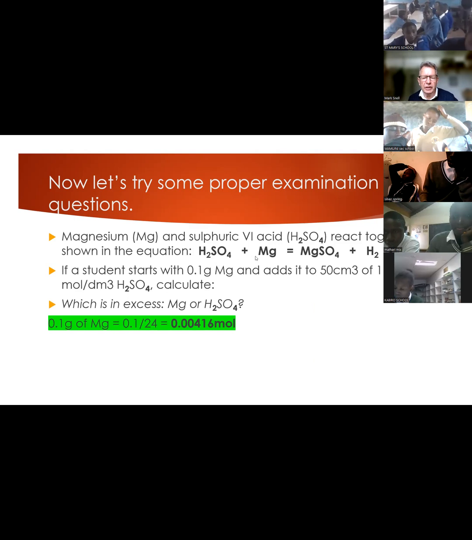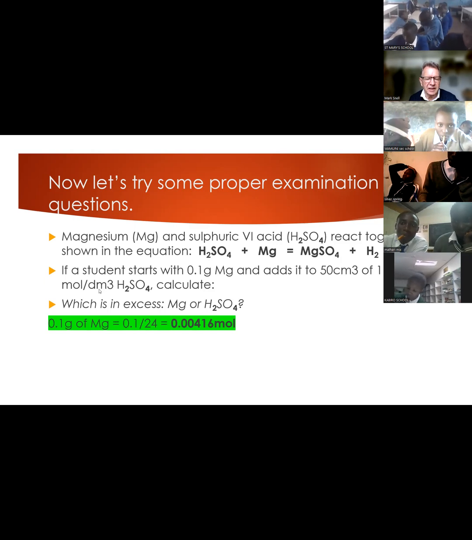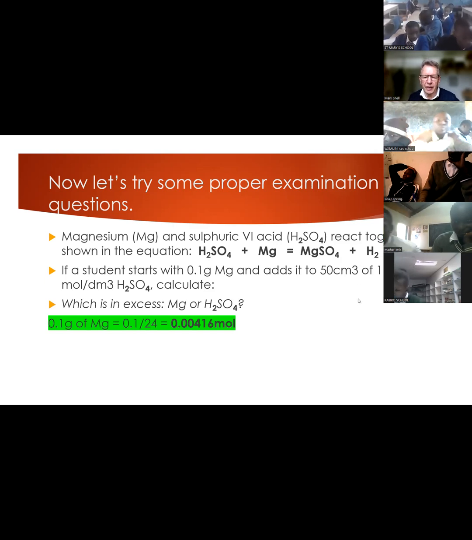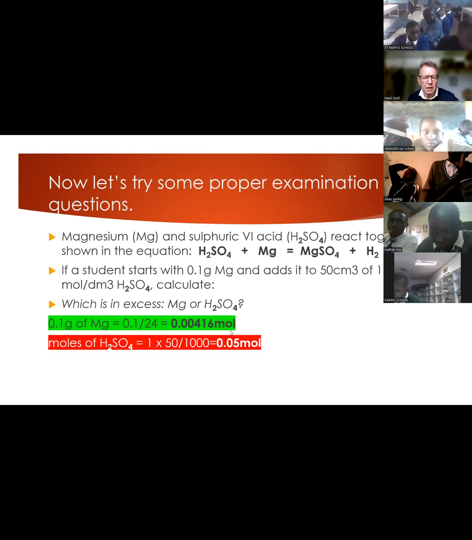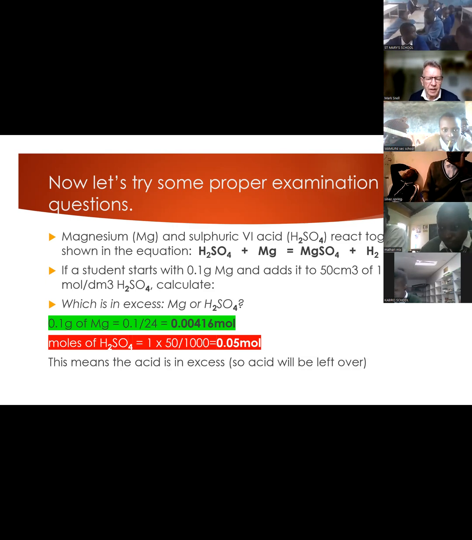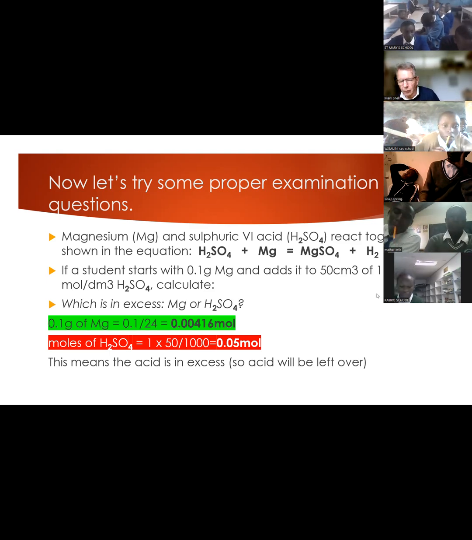The moles of H2SO4, well, it's got 50 of 1 mole per cubic decimeter. Remember, from that triangle, moles is concentration times volume over 1,000. So it's concentration times the 50 over 1,000. That's 0.05. So there is more of the H2SO4.